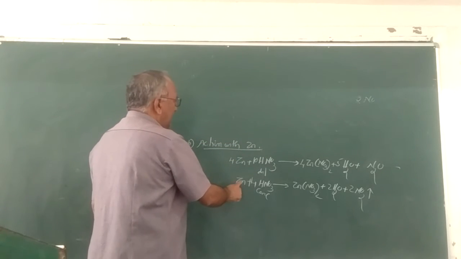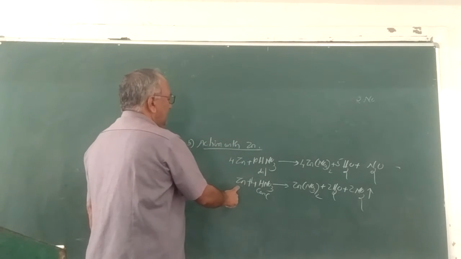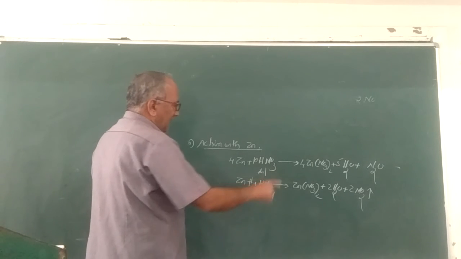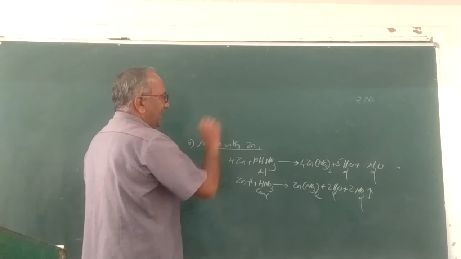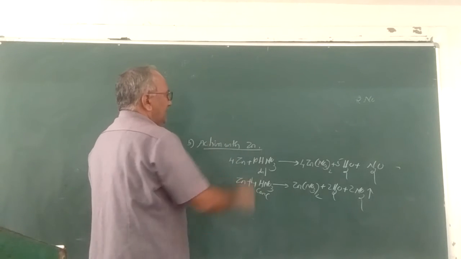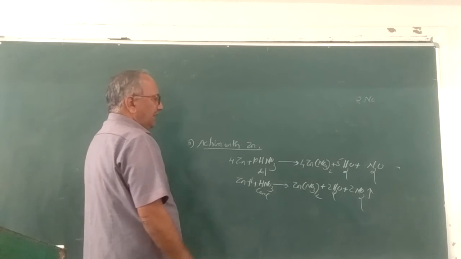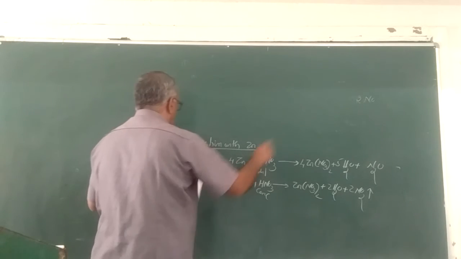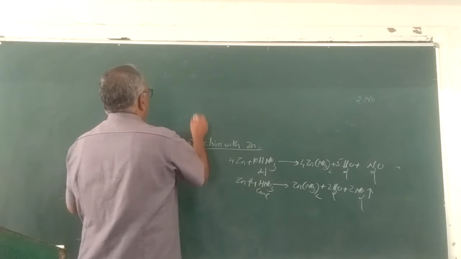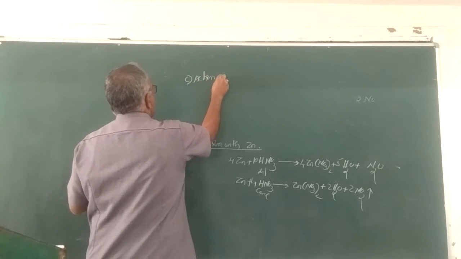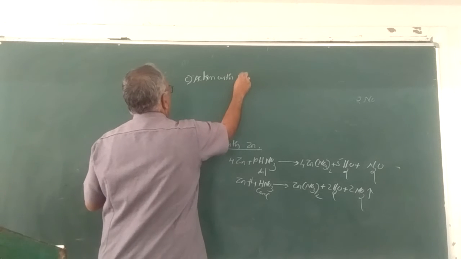Because in the case of concentrated nitric acid with zinc or copper, there is liberation of nitrogen dioxide, so the same gas is liberated. Whereas with dilute nitric acid, copper liberates nitric oxide, whereas zinc liberates nitrous oxide. Note down this point. Then action with non-metals.